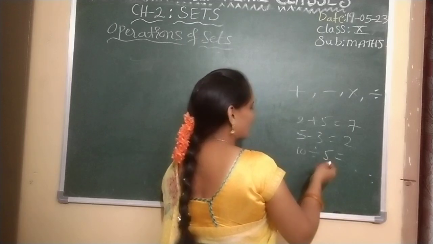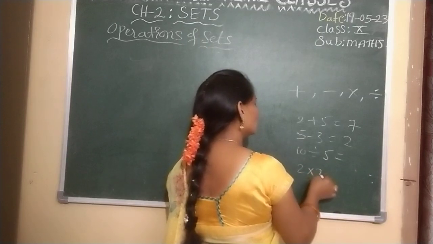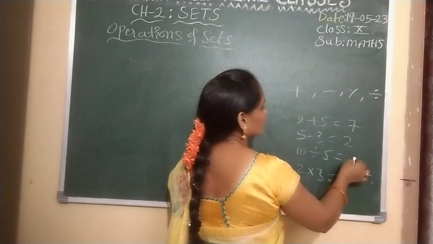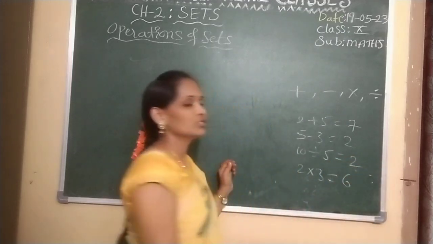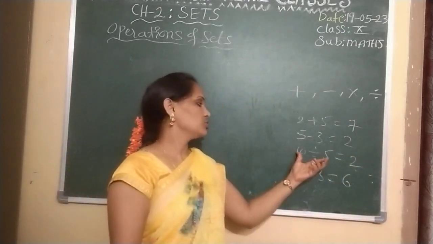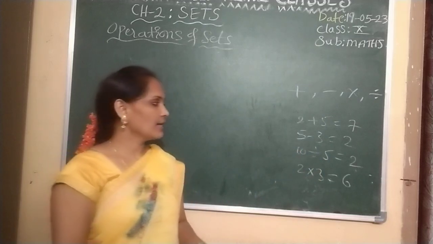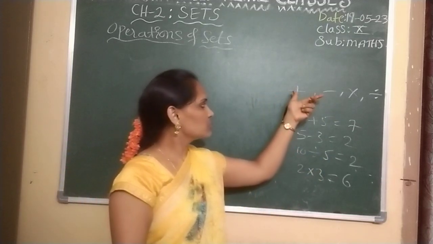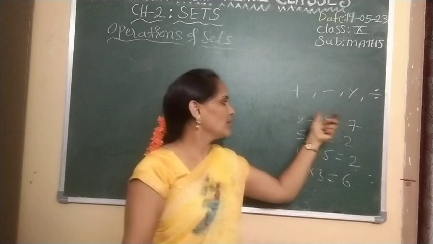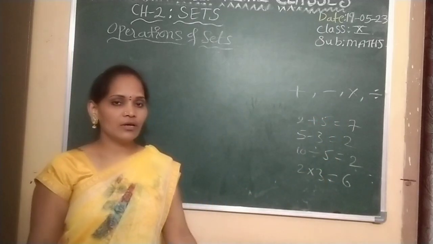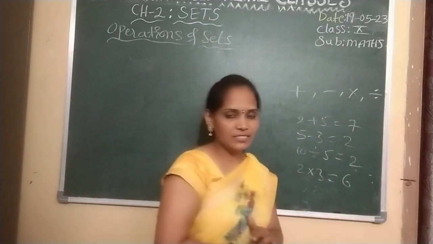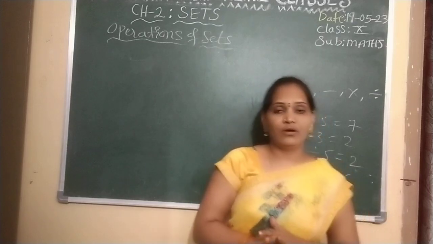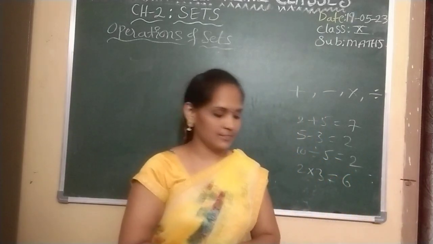Suppose 2 into 3 is 6. If you divide, the quotient is 2. Like this we use these operations on numbers. Now on sets, let us see what type of operations we can use.